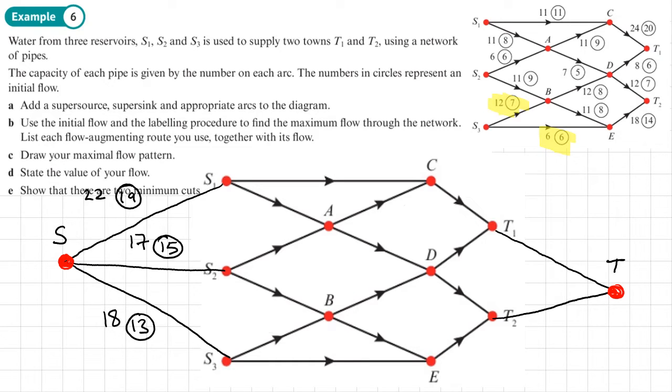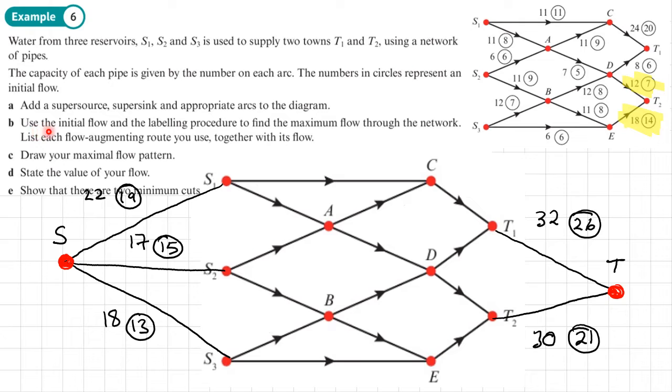We're going to do the same for the sinks, so we add these together to find out what goes on the arc from T1 to T, and that's going to be a capacity of 32 and an initial flow of 26. And then lastly we look at these values here, we add them together, so T2 to T gives me a capacity of 30 and an initial flow of 21.